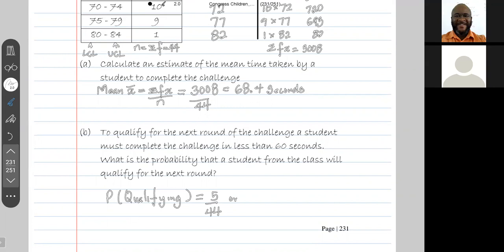So 5 divided by 44 is 0.11, or 11%. So there's an 11% chance that a student from this class would qualify for the next round of the challenge.